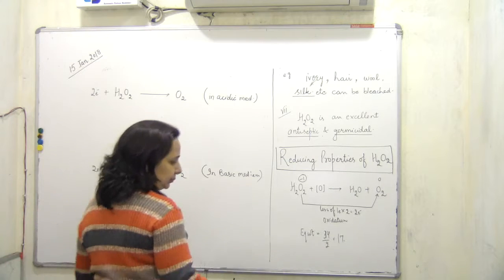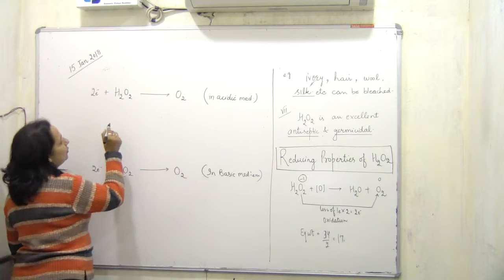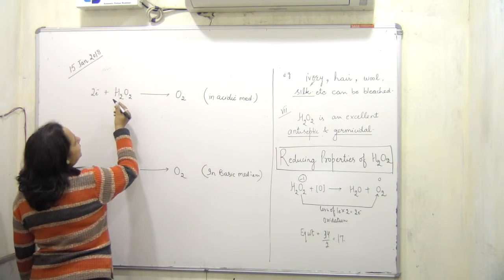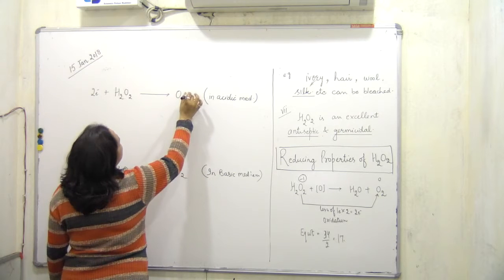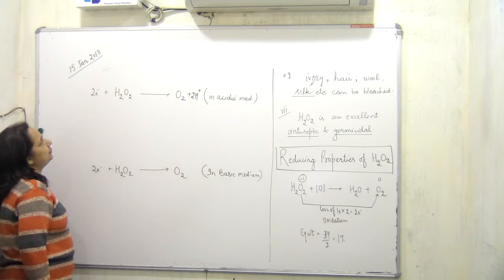Done? No. In acidic medium, hydrogen can be balanced by adding H positive ion. Balanced.